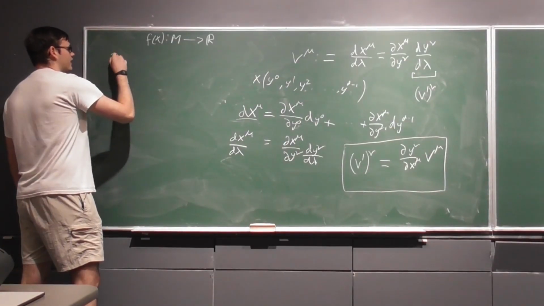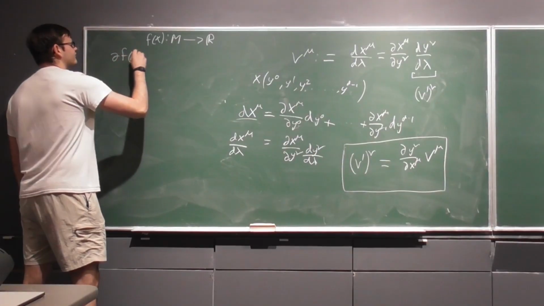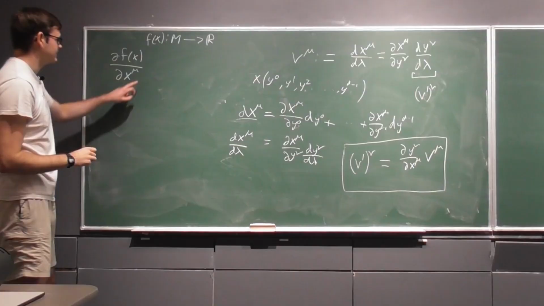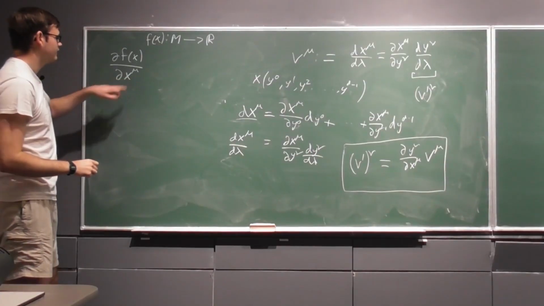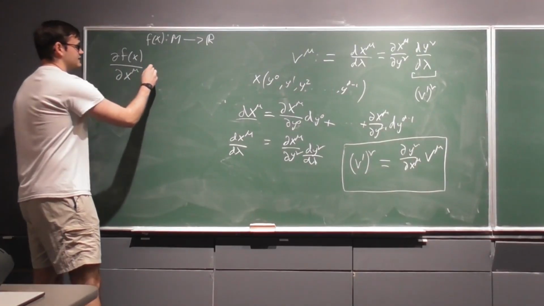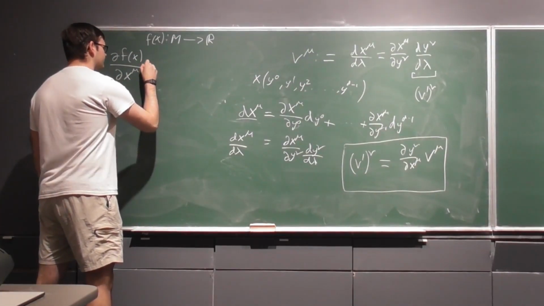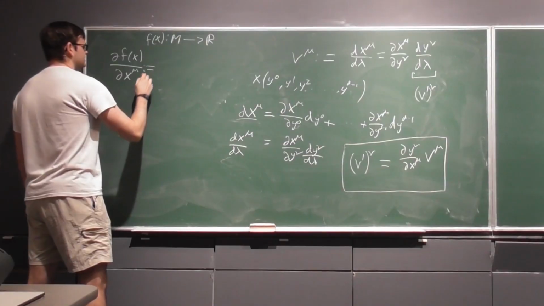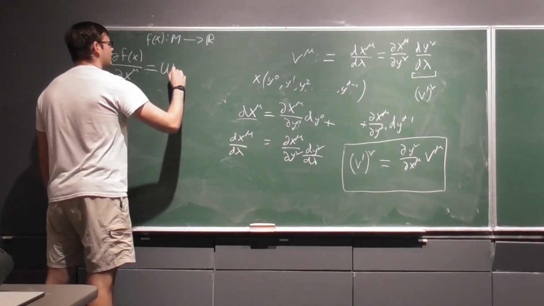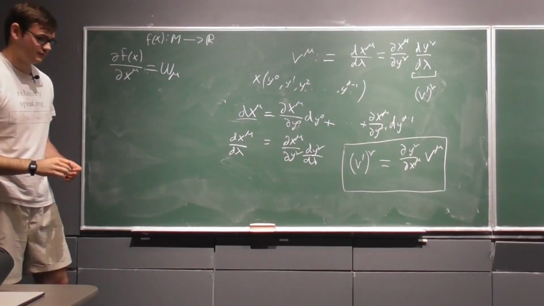Then the quantity df of x dx mu, that's going to be like a vector where each of the components is a derivative of f with respect to each index.